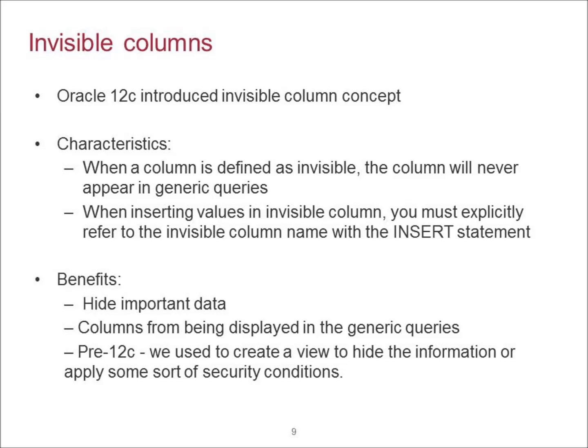Some of the characteristics are that when you define a column as invisible, it will never appear in your generic SQL statements. When you insert values into the invisible column, you must explicitly refer to the invisible column in the insert. I'm going to show some examples so you are clear on how it works.